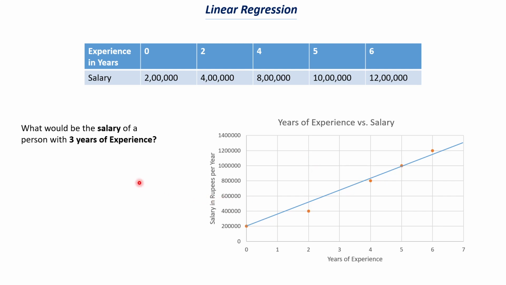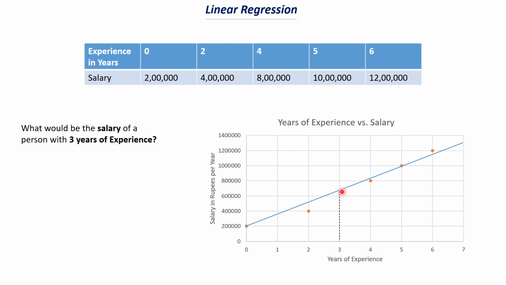Now we need to find the salary made by a person with 3 years of experience. We come to the x-axis, which is the number of years of experience, and see where this point meets the y-axis. I'll make a dotted line here. This is the person with 3 years of experience, and based on this data we got this straight line which fits these data points.